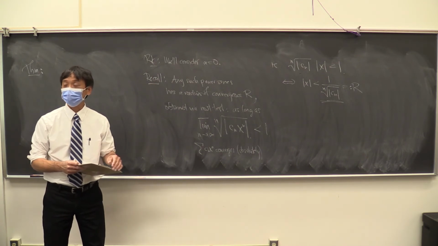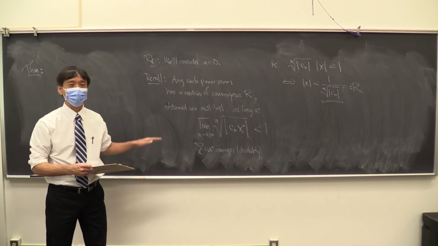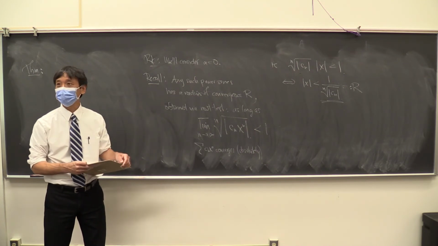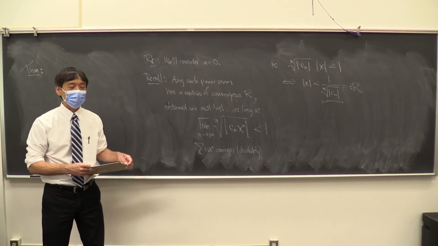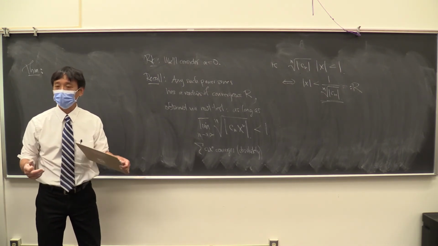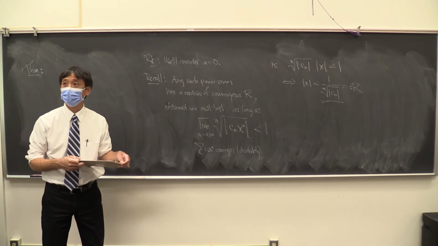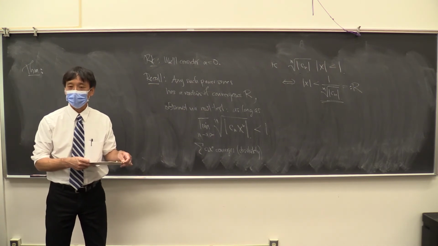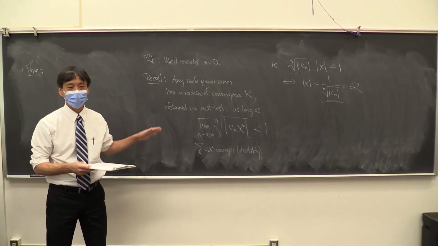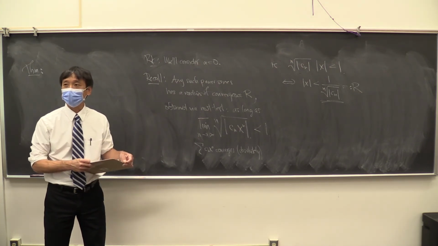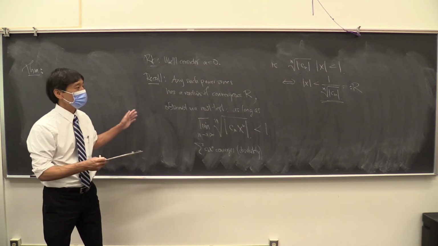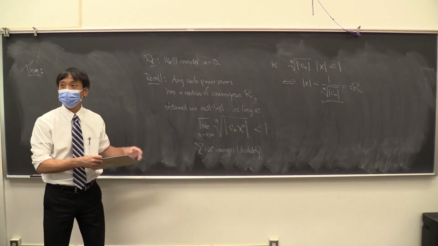That's very much not true in real analysis. But for complex analysis, the quality of being differentiable is very binding. It's very constrictive. It forces you to satisfy a set of differential equations called the Cauchy-Riemann equations, and that constrains you to be a very, very good function.